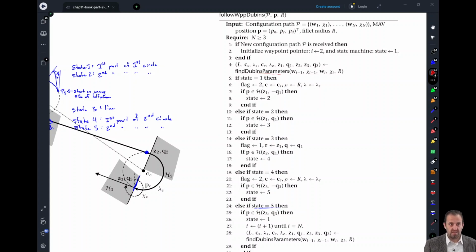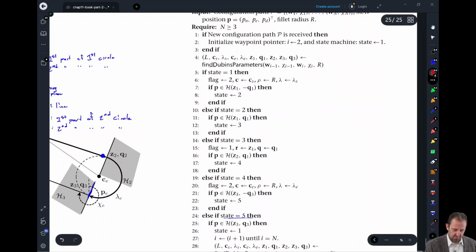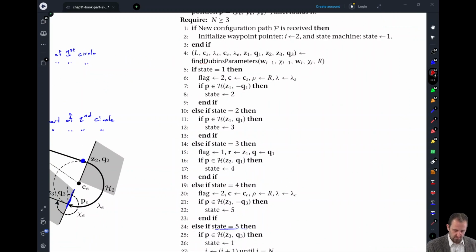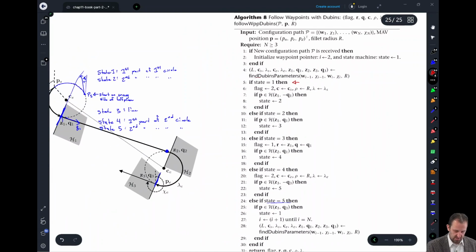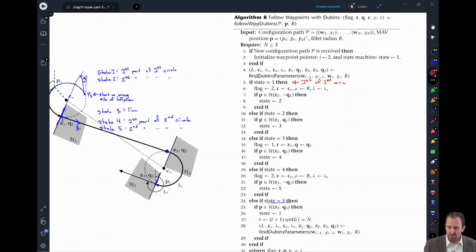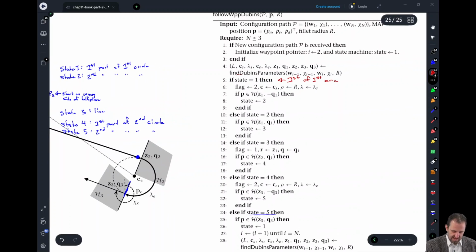So it's kind of nice that we ignored the arc, arc, arc possibilities. Again, we're going to do the first of the first arc. We come in and we define this flag variable.